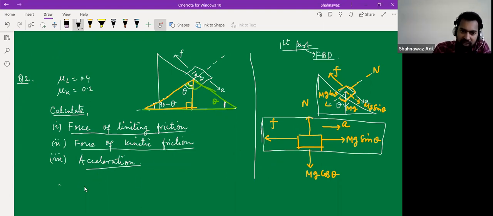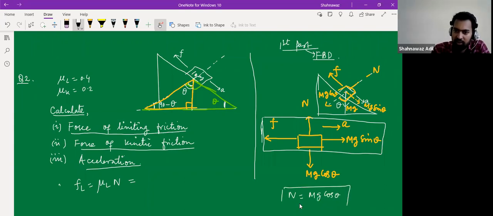But before that, we know that limiting friction is mu L N, and N is mg cos theta. So this will be mu L mg cos theta. Mu L is given as 0.4, m is given as 10 kg, g is 10, and cos theta is what?